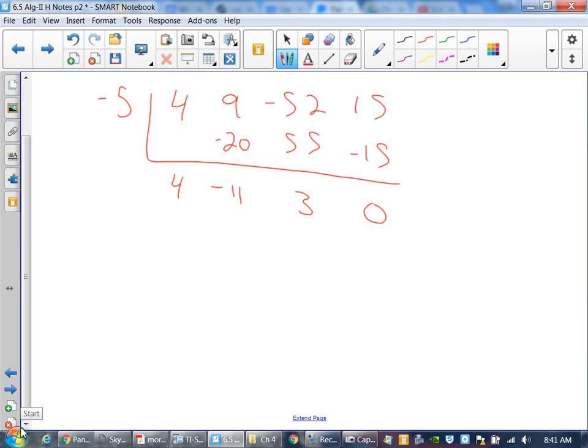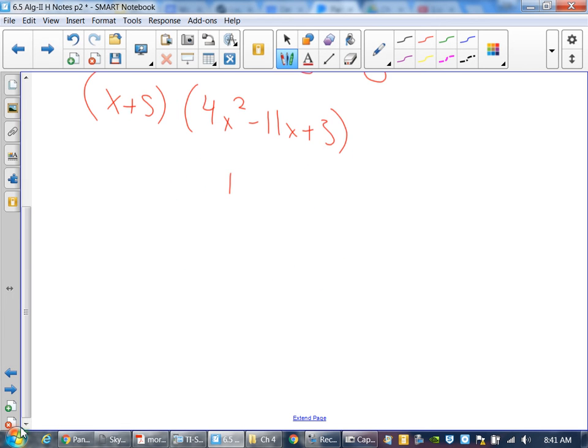So if negative 5 is my 0, my term is x plus 5. And then I have 4x squared minus 11x plus 3. If I'm trying to find my other zeros here, I'd have to use quadratic formula. So we get what? 11 plus or minus square root 121 minus 4 times 4 times 3 all over 8.